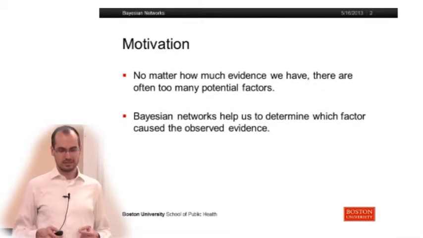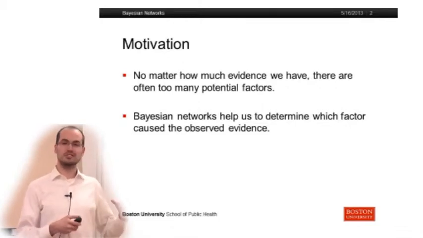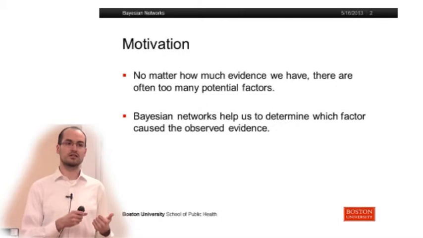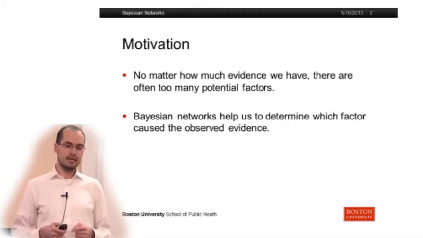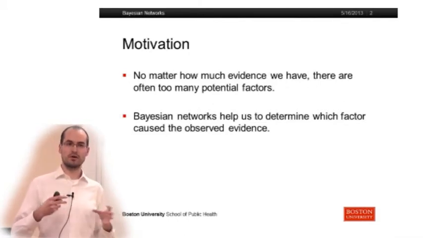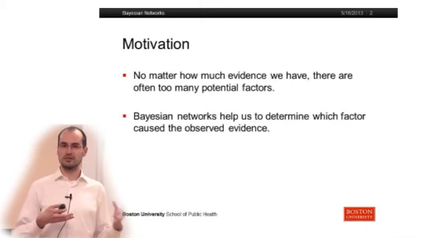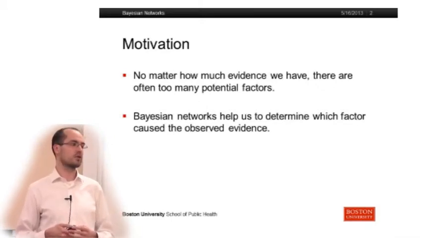Bayesian networks are a statistical model. They consist of nodes which represent random variables, and edges among the nodes which represent causal relationships among all the nodes, let's say an interrelationship in the model.